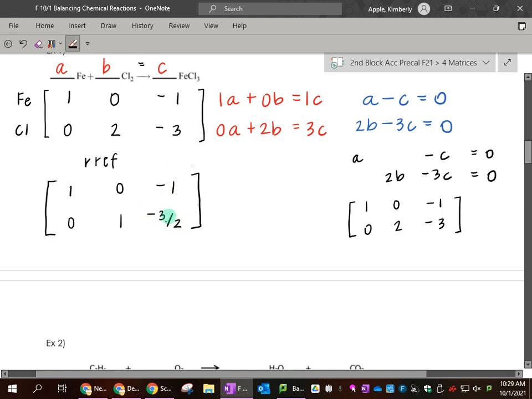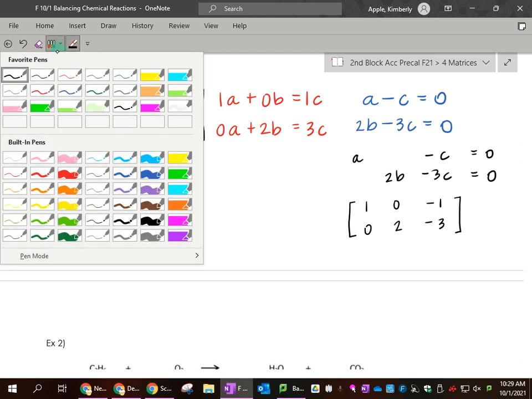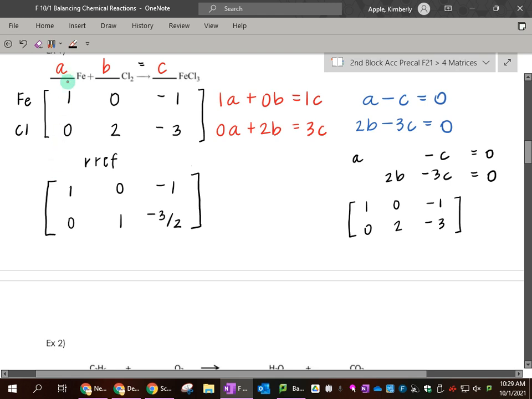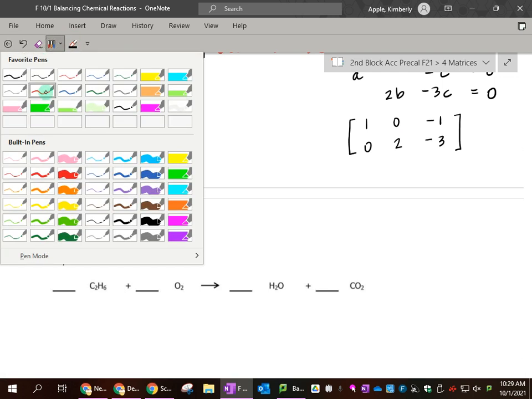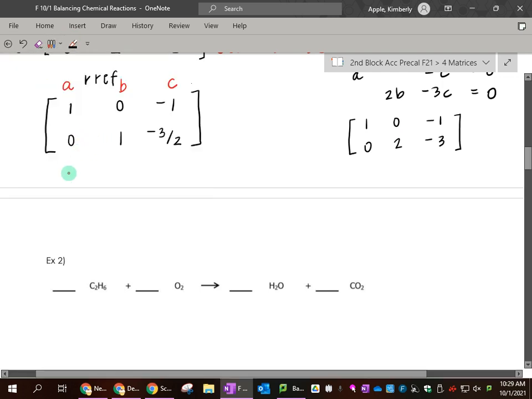So this is my reduced row echelon form. And in order to solve this, I need to remind myself that this column is A, this column is B, and this column is C. So now let's pull out the solution.